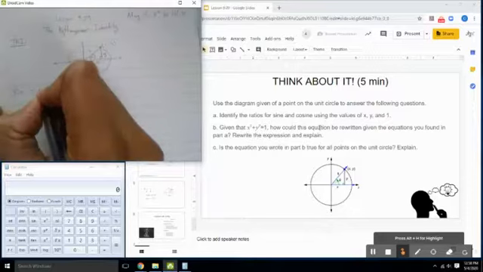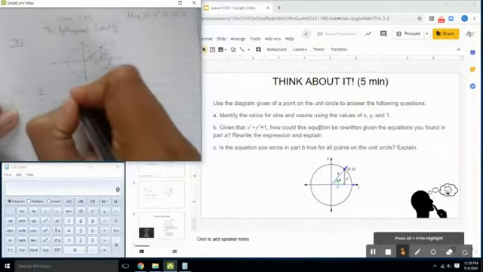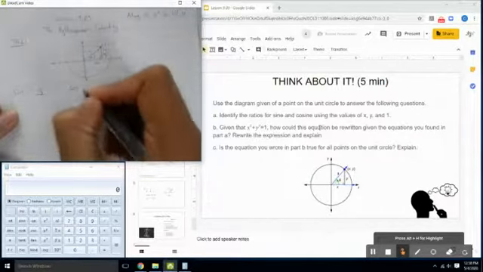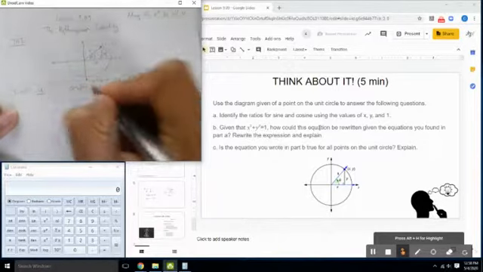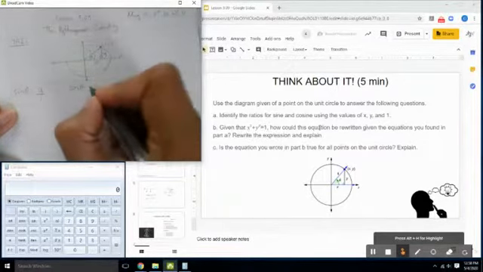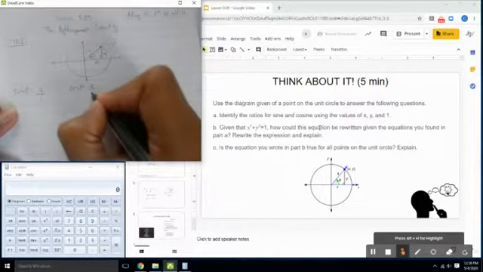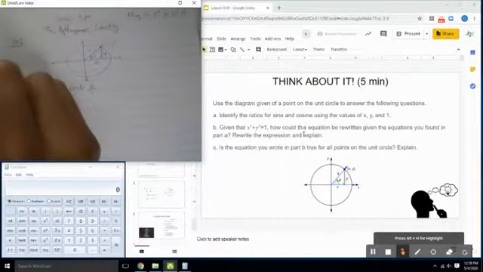So opposite would be y over hypotenuse, which is 1. Cosine of theta is adjacent over hypotenuse. So adjacent x over hypotenuse, which is 1. Okay, that's out of the way for A.